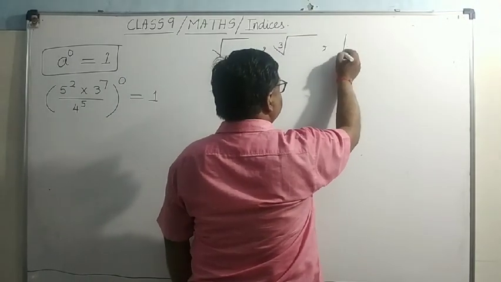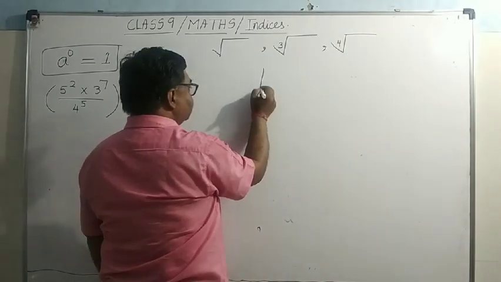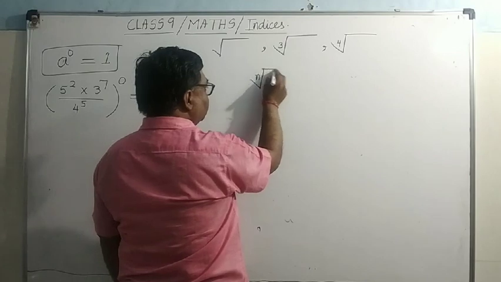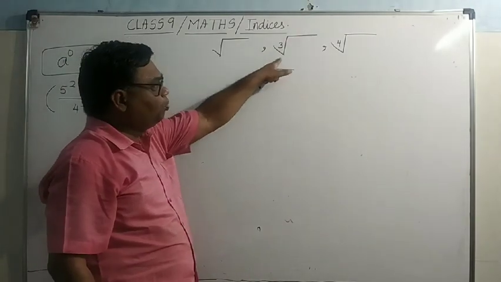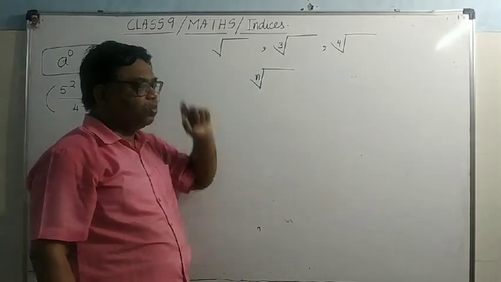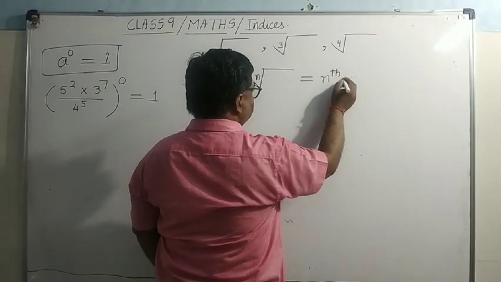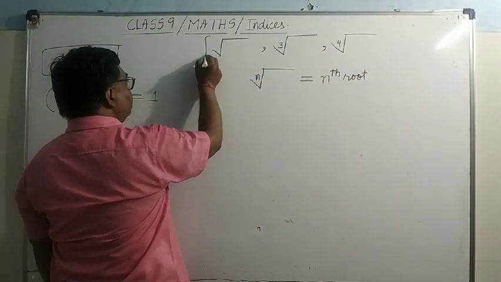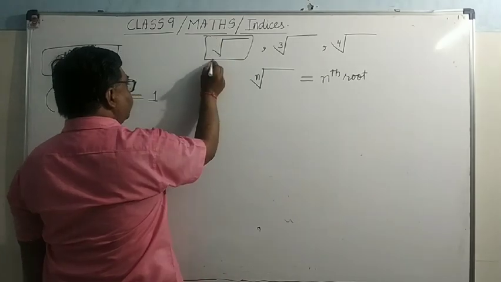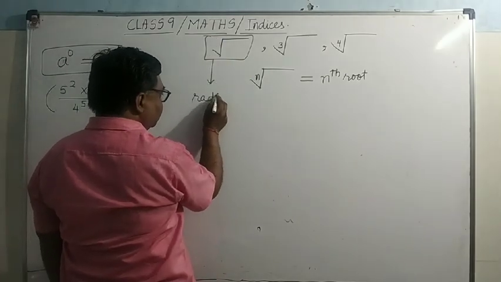This is the fourth root. This is the nth root. Square root, cube root, fourth root, nth root. This sign is known as the radical. It is clear.